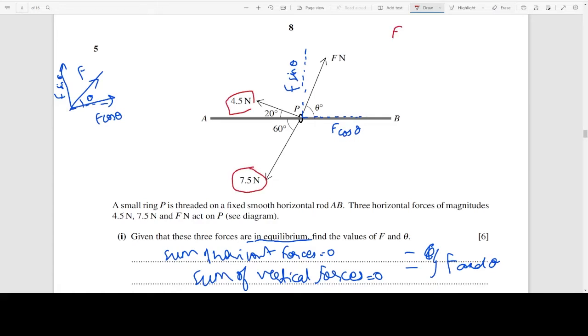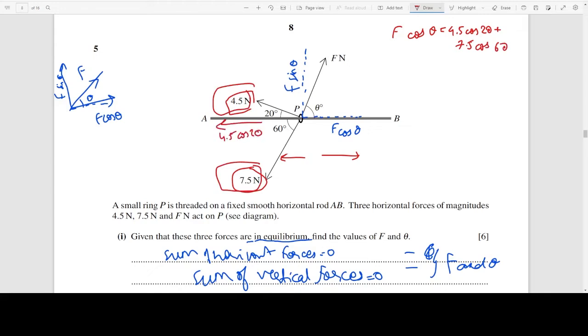So let's take the horizontal ones first. F cos theta, forces in one direction are equal to the other direction. So F cos theta is this way, and the other two forces in the horizontal direction are the other way. So F cos theta is equal to 4.5 cos 20 plus 7.5 cos 60. I hope you guys understood how, because if you resolve both of these forces, you'll get 4.5 cos 20, and if you resolve 7.5 Newton, you will get 7.5 cos 60 in the horizontal direction.